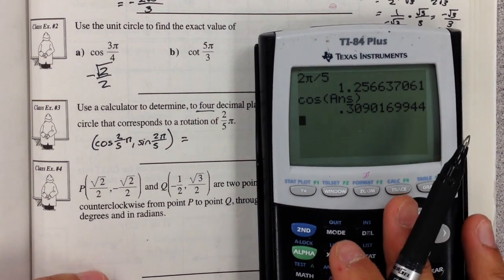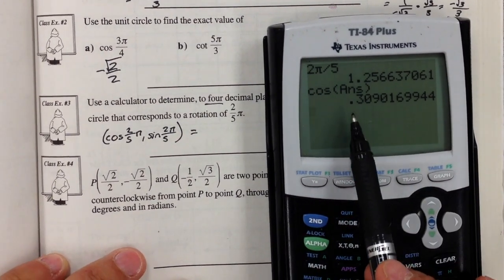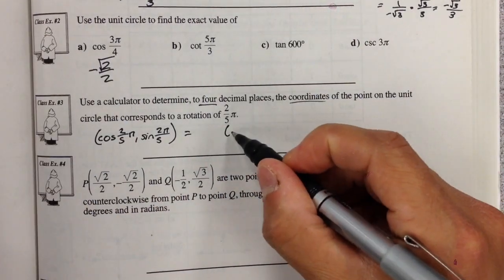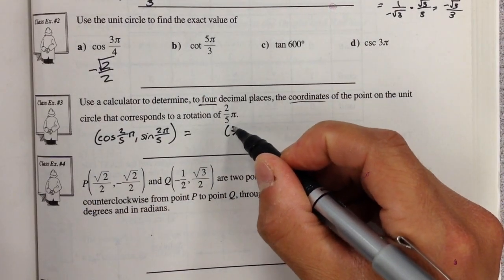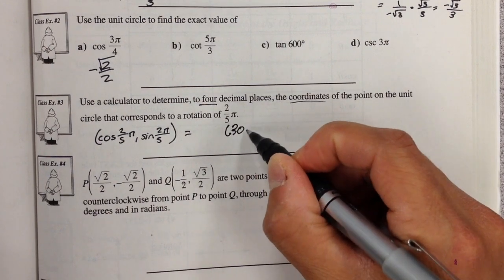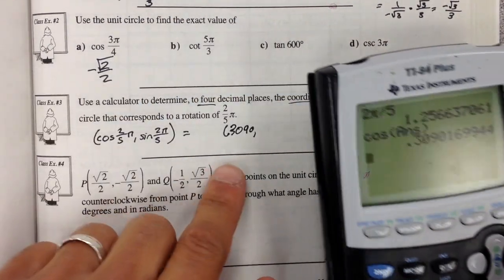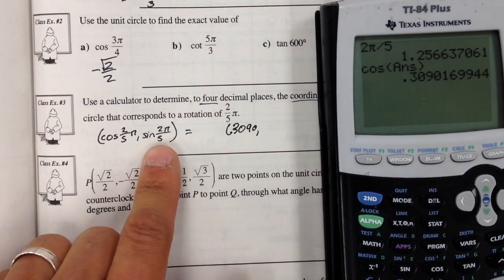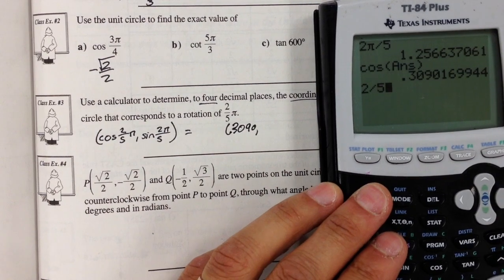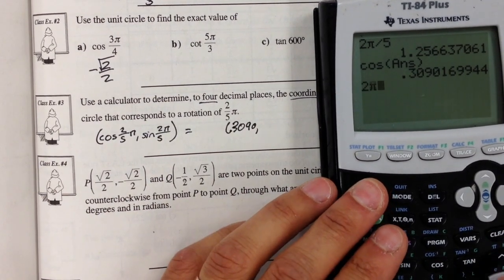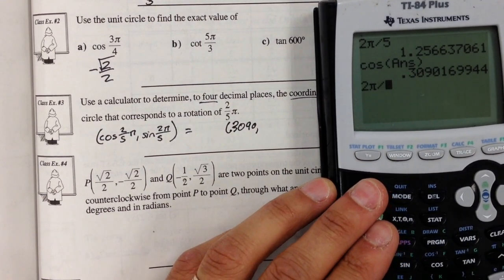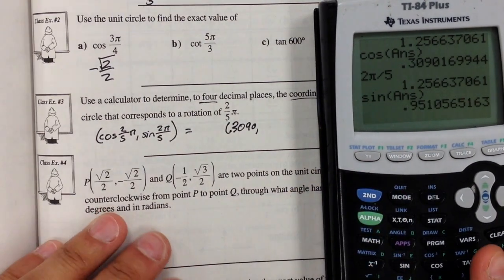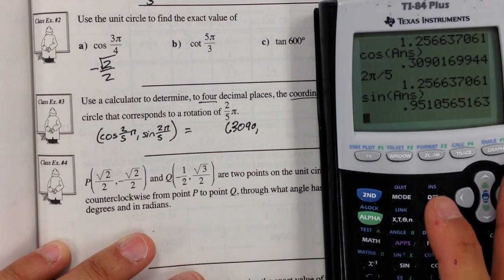So if I were to graph this, I would graph it at x equals 0.3090, that would be my x value corresponding to cosine 2 over 5 pi, and my y value would be the sine ratio, 0.9511.